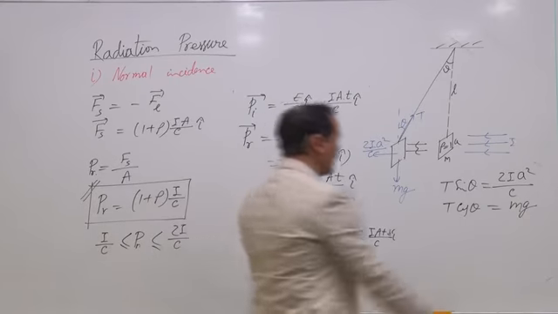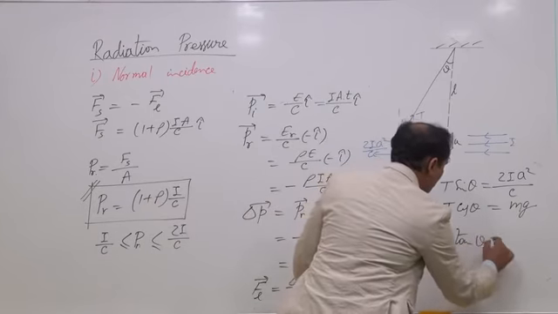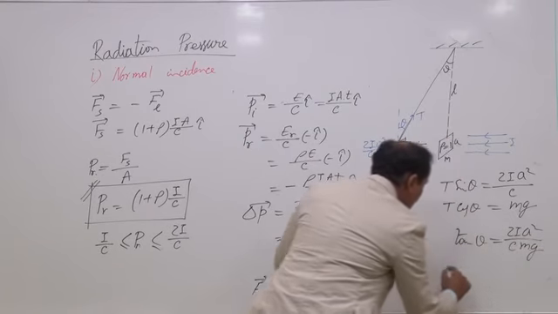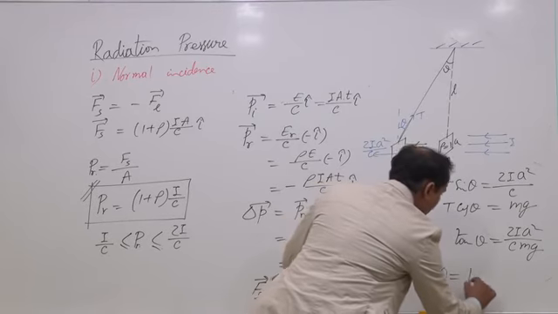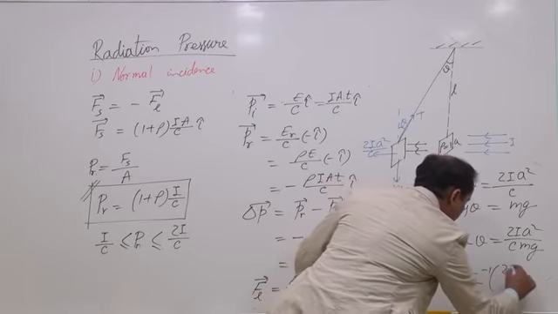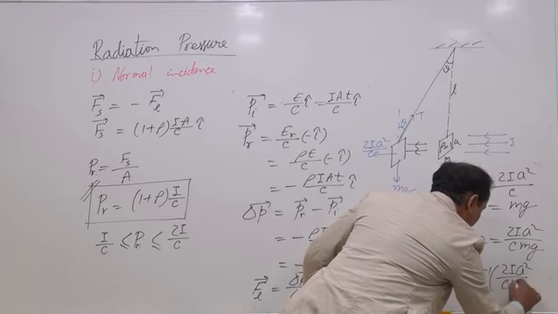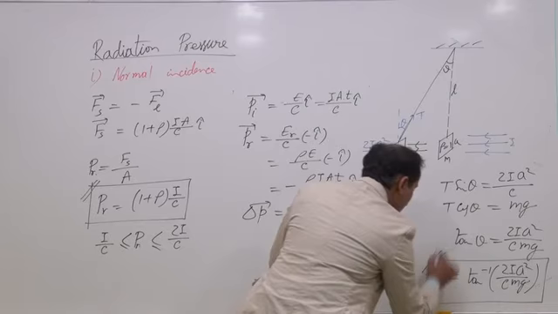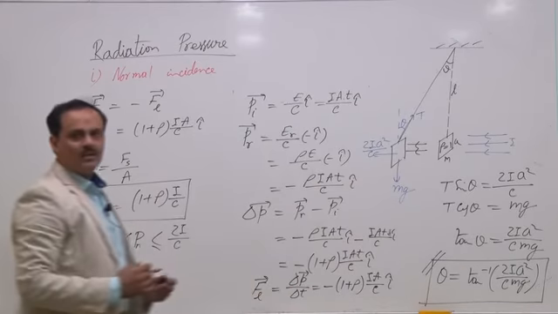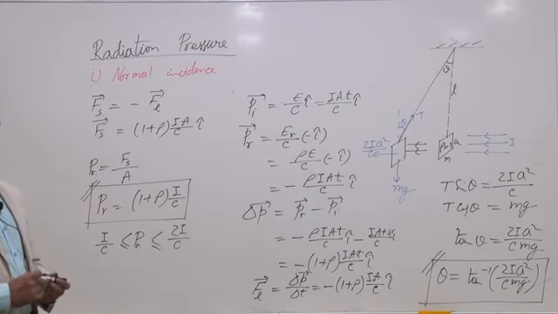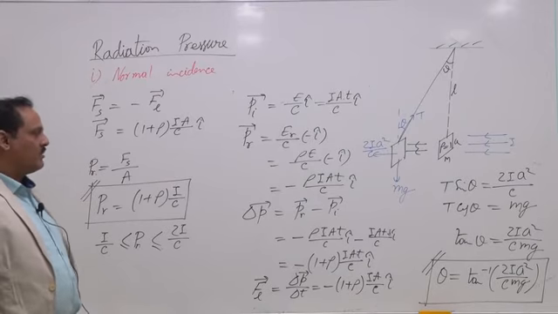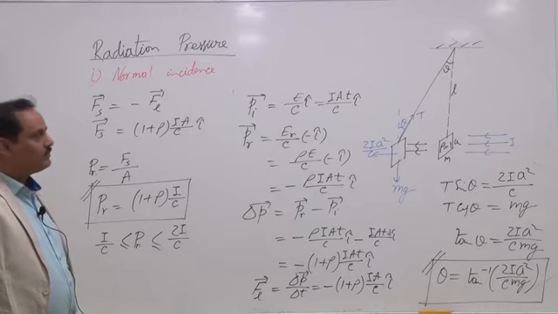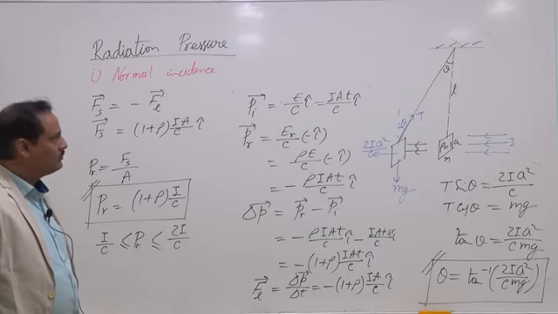So dividing these, we have tan theta equal to 2IA²/(Cmg), or theta at equilibrium is tan inverse of 2IA²/(Cmg). This is the angular deflection of the string at equilibrium.